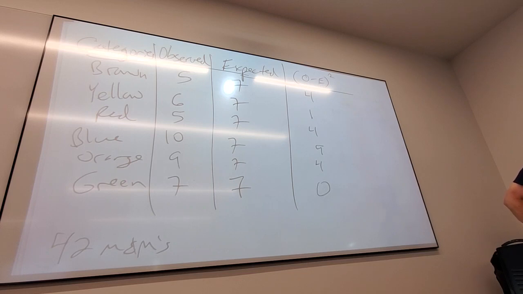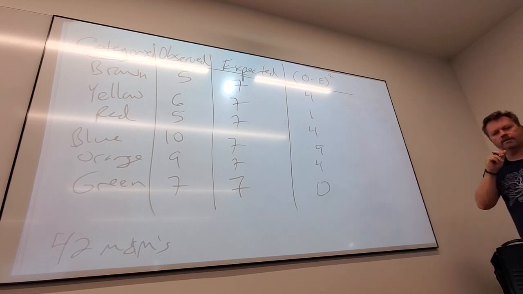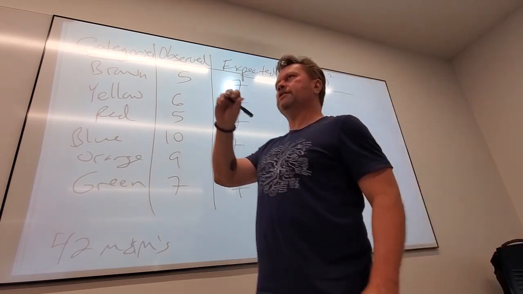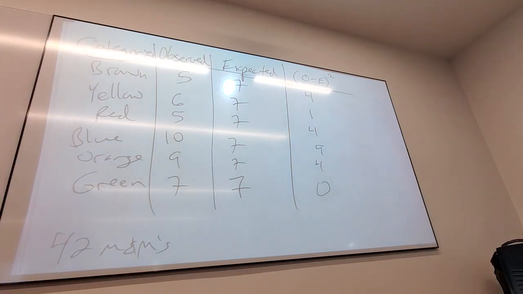This feels familiar, maybe. Do we add them up? Not quite yet. So let me ask you this. If you expected somebody to have 7 left-handed desks, and they only have 5, could that be a problem?